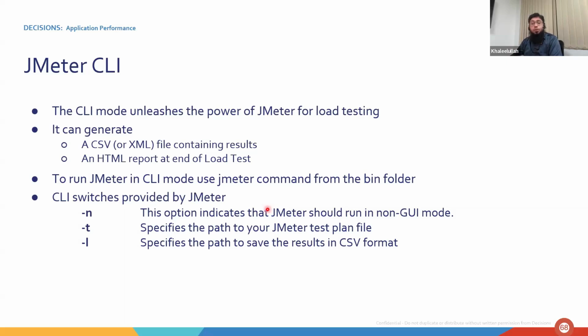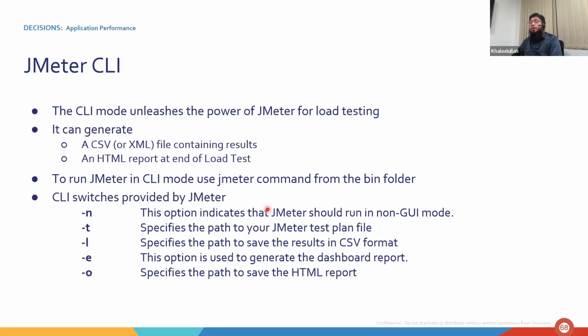In case I want the test result CSV file, I can specify -l. Then in case you want to generate HTML reports in the form of a dashboard, we can use -e to generate these results. And -o is used for specifying the path to save that HTML report.